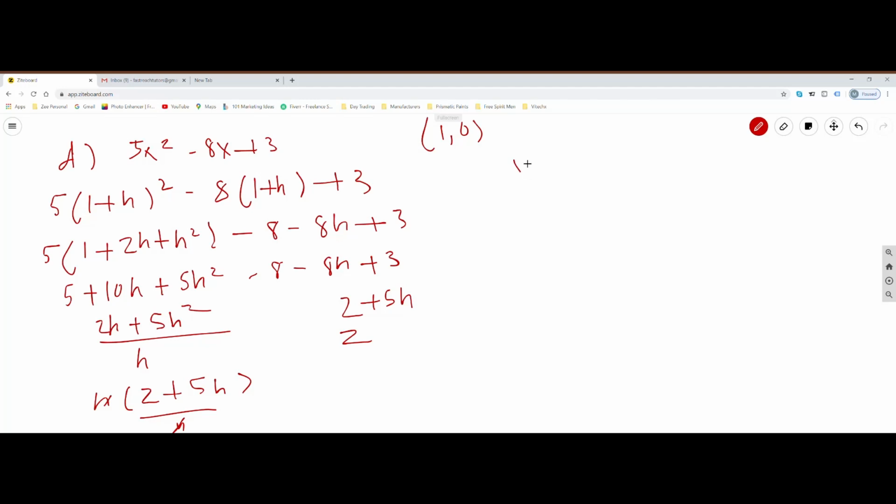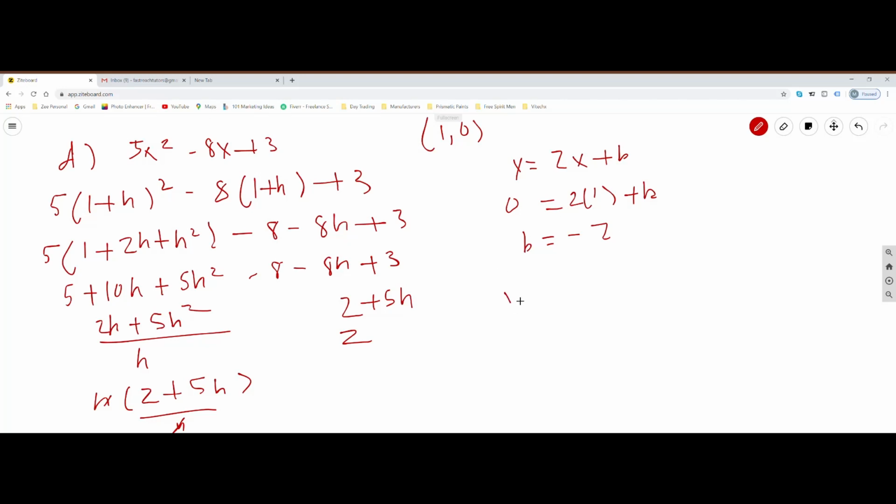So y equals 2x plus b, and this would be 0 equals 2 times 1 plus b, so b equals negative 2.